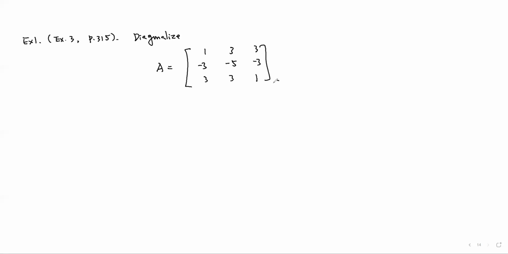I don't know whether or not I can diagonalize this matrix. If I don't have sufficient linearly independent eigenvectors, then I cannot diagonalize this matrix. Because A is 3 by 3, we need 3 linearly independent eigenvectors.